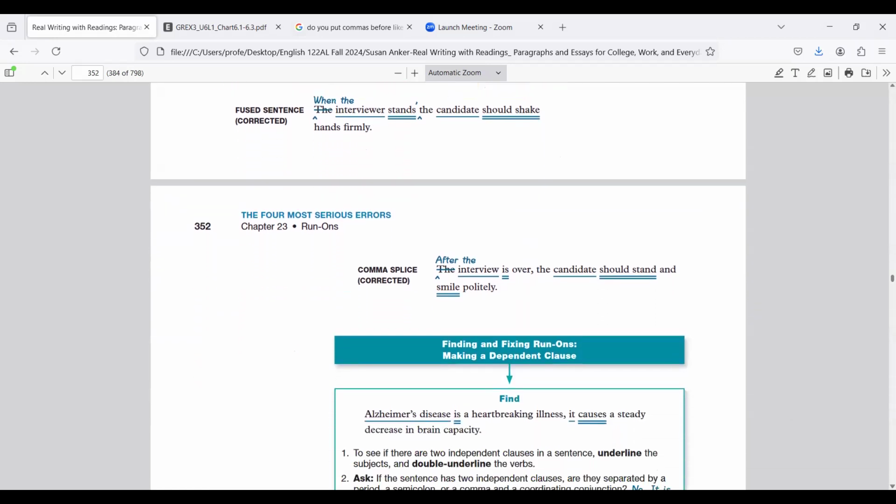And here's a comma splice. After the interview is over, comma. Now we added the dependent word after. The candidate should stand and politely smile. Stand and smile. All right, we add that dependent word and it makes sense.